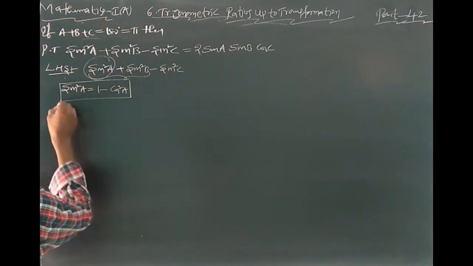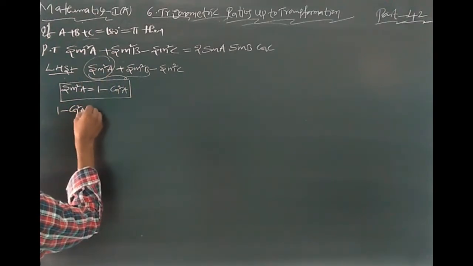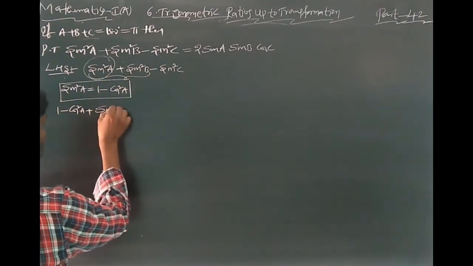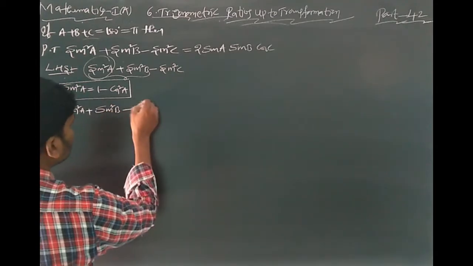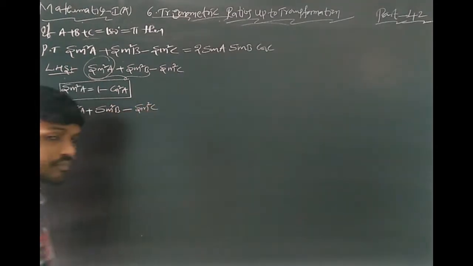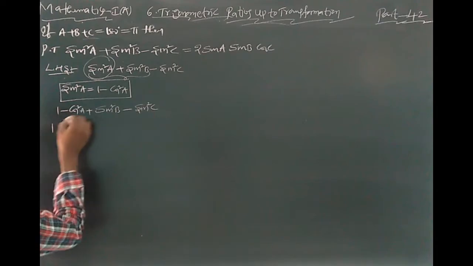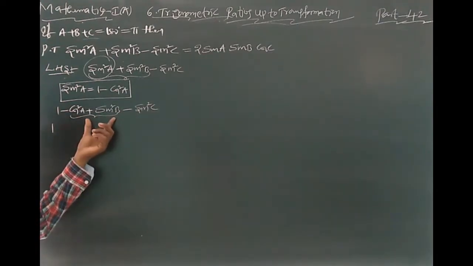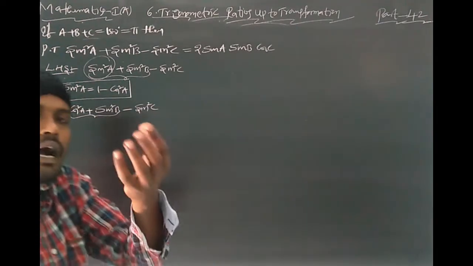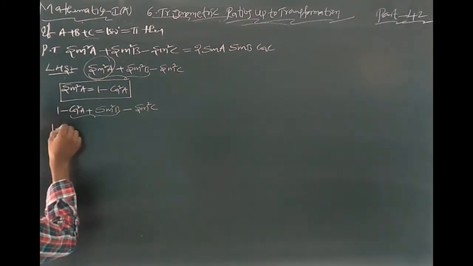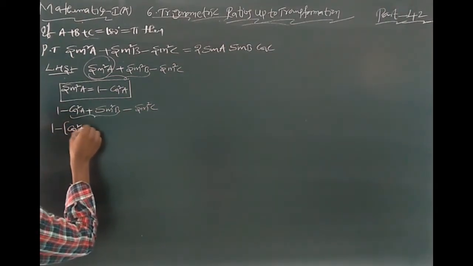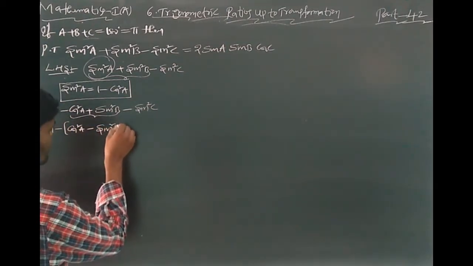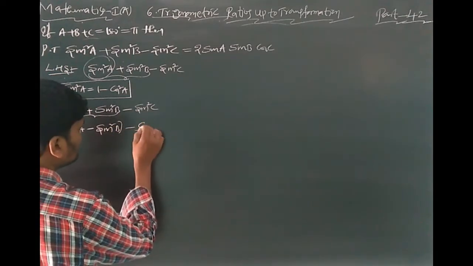You can write 1 minus cos square a plus sin square b minus sin square c. See students, in these two terms you can take minus common. You get cos square a minus sin square b minus sin square c.